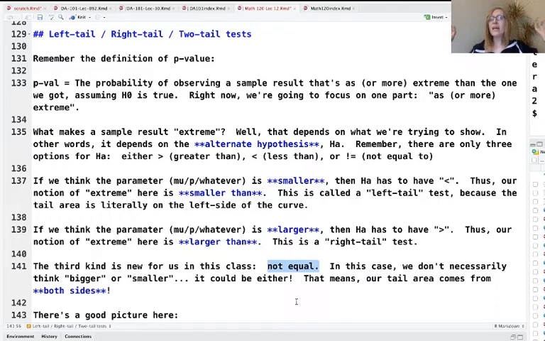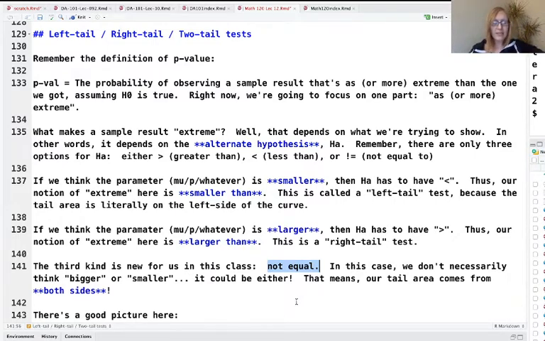It could be on both sides. Imagine a normal curve, and the tails are out here. If we're testing for not equals to, the tail area could be either on the left or on the right. Either one of those would make us think not equals to. So we want to include both of them in the p-value.